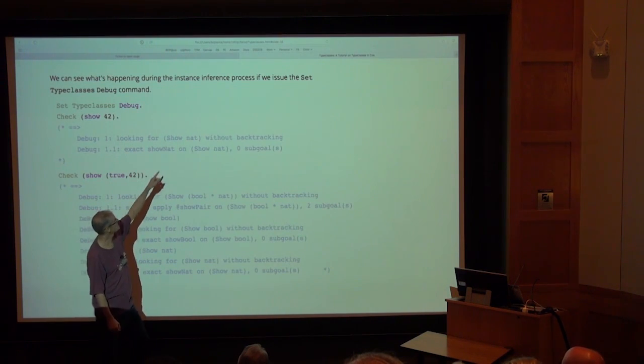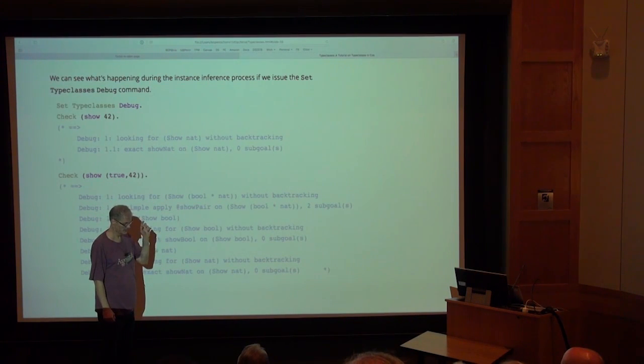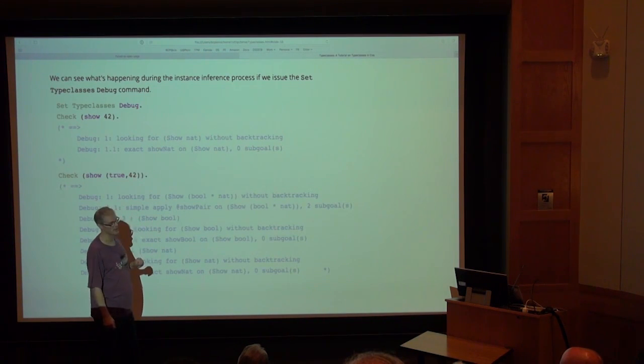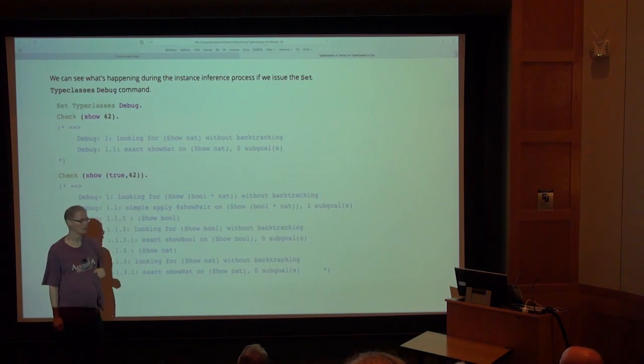So essentially we're looking for something of type show nat, and the value, the instance show nat, is in the hint database immediately, so we just find it.